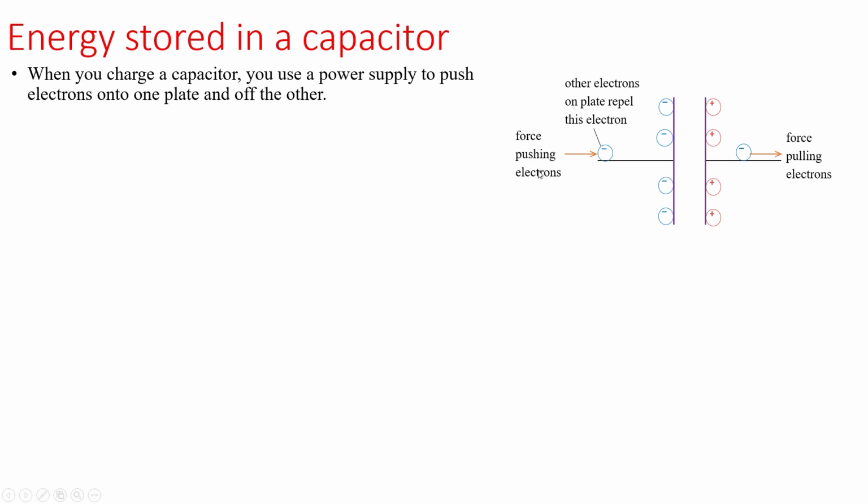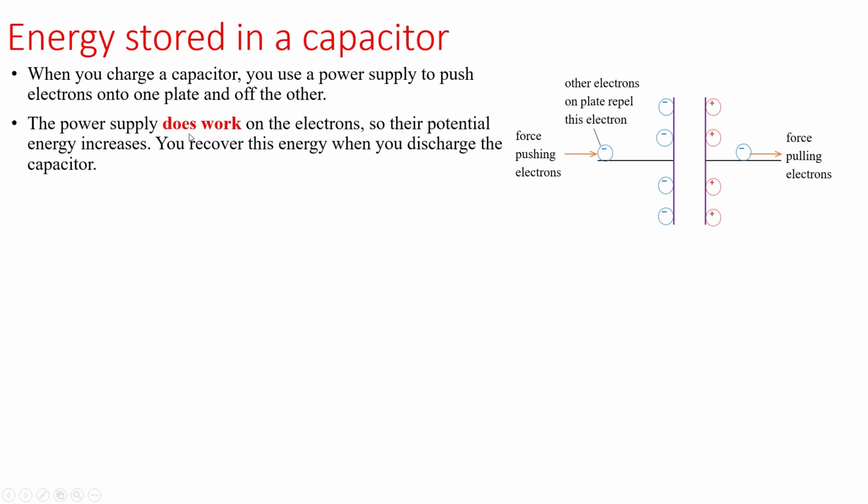Other electrons on the plate repel this electron, and in doing so the force is pulling these electrons. The power supply does work on the electrons, so their potential energy increases. You recover this energy when you discharge the capacitor.